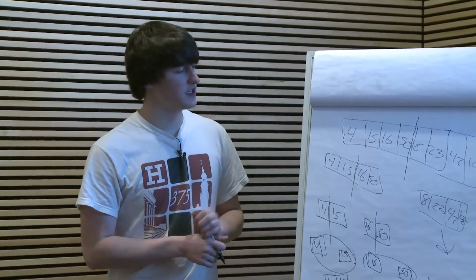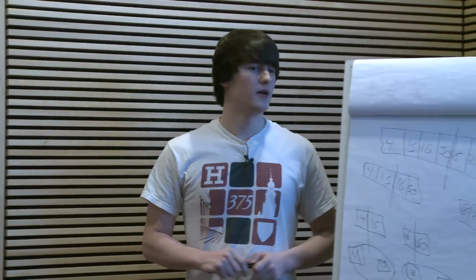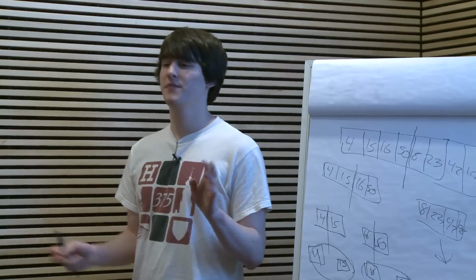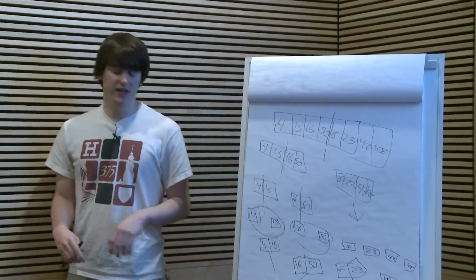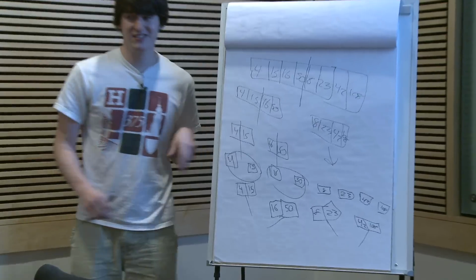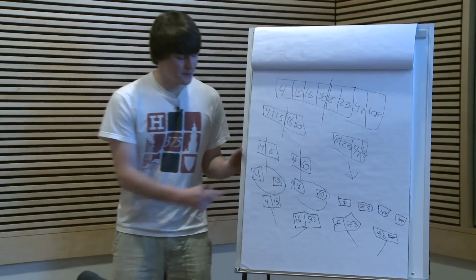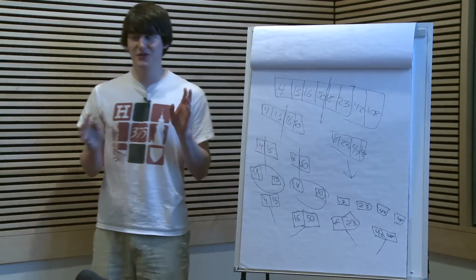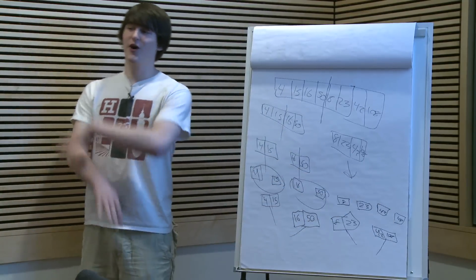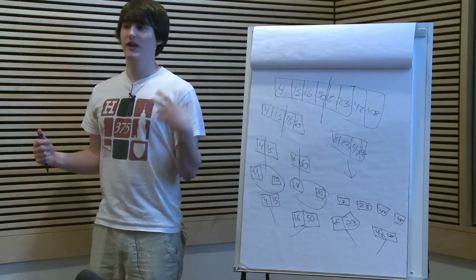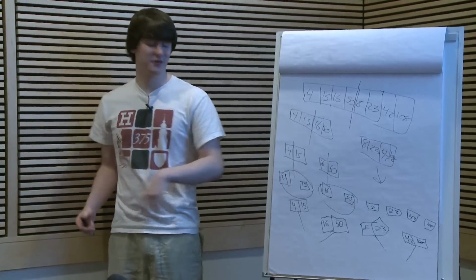To see that this is overall n log n, we already saw that merge is linear. So the cost of merge for these two lists is O of n, but n here is just these two elements, so it's 2. And these two will be 2, and these two will be 2, and these two will be 2. So across all of the merges that we need to do, we end up doing 2 plus 2 plus 2 plus 2, which is 8, which is n.